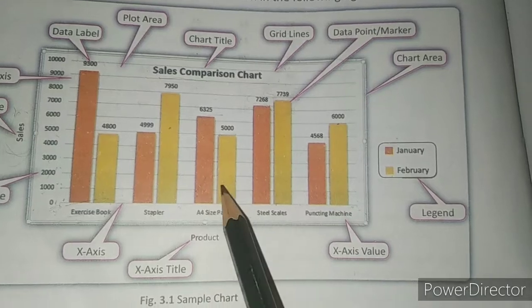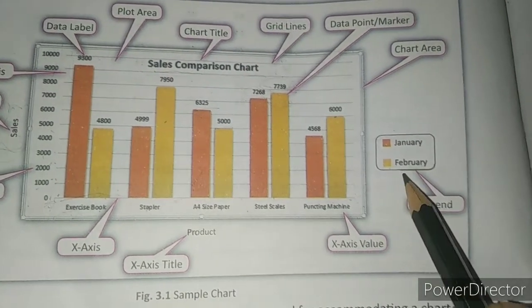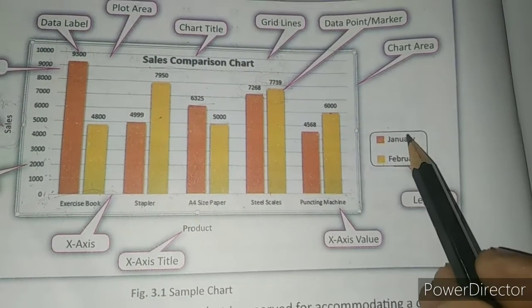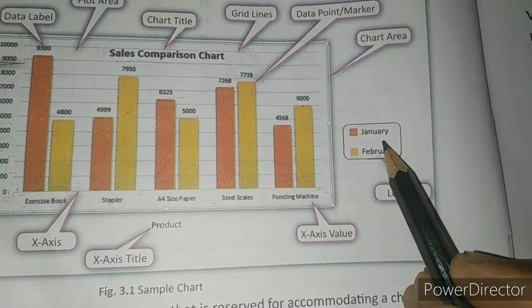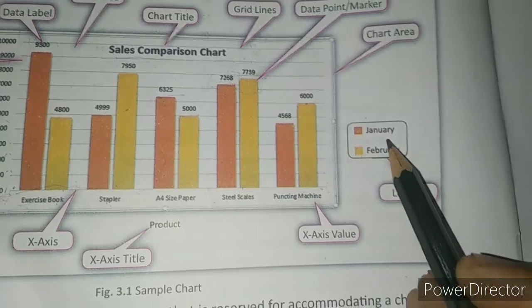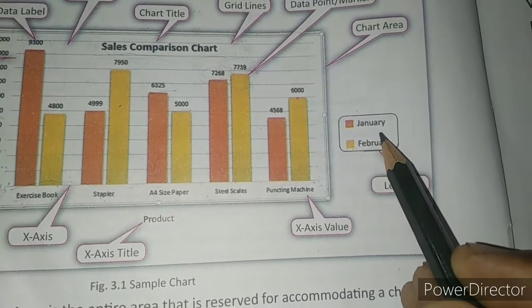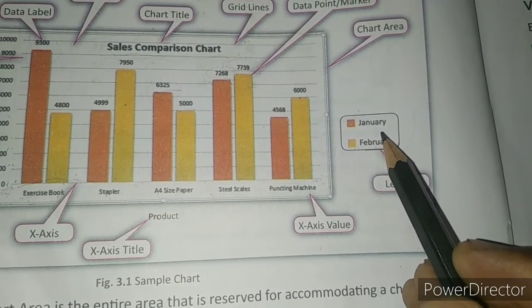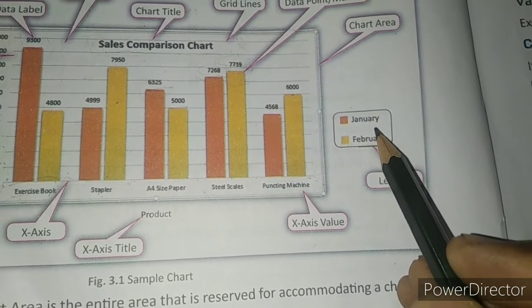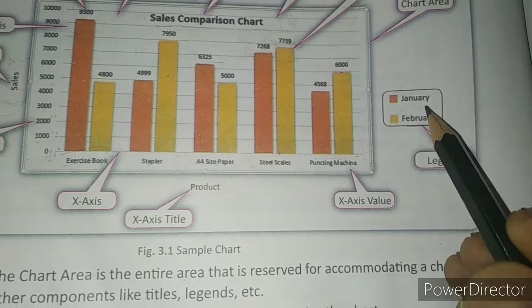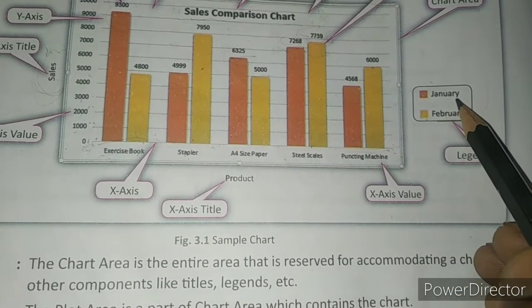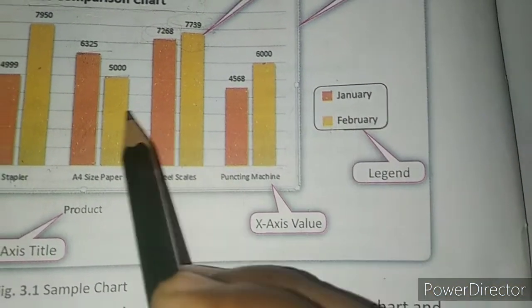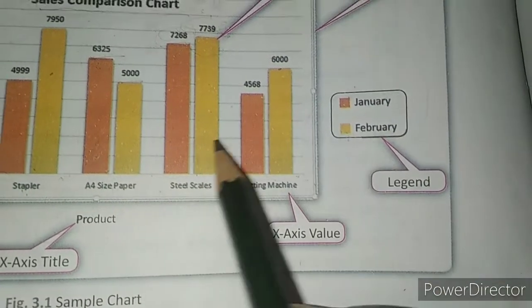It means here yellow and red colors have been used, and the yellow color shows February and the red color shows January, right? So here you can see this is the color, not any pattern, and the red color shows January and the yellow color shows February, right?